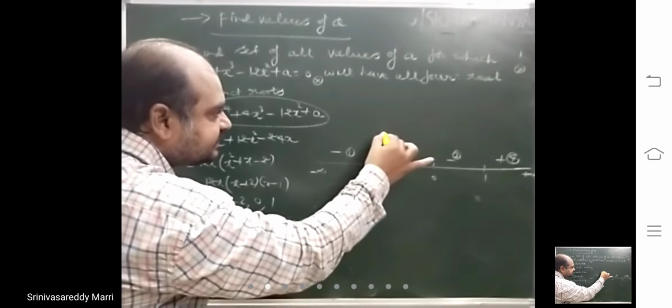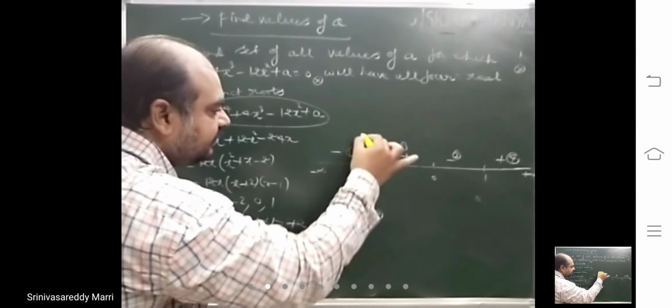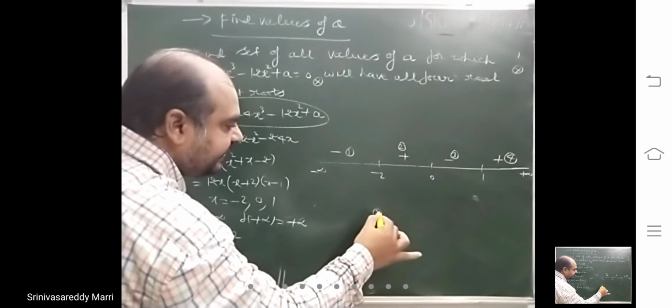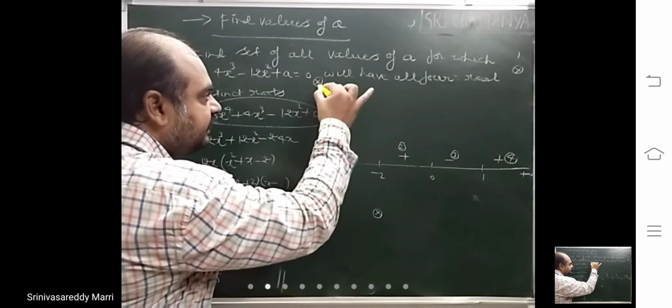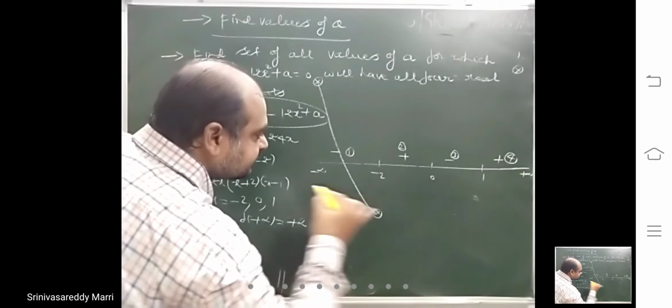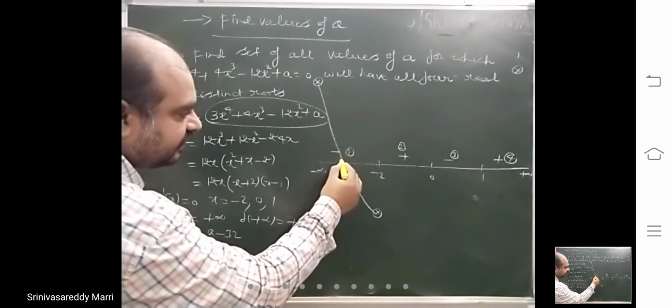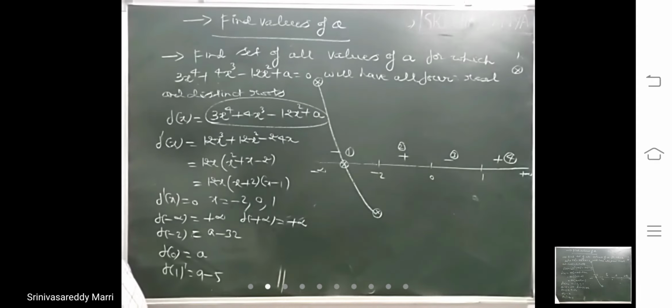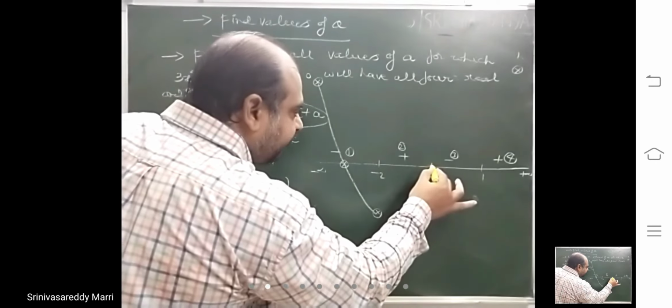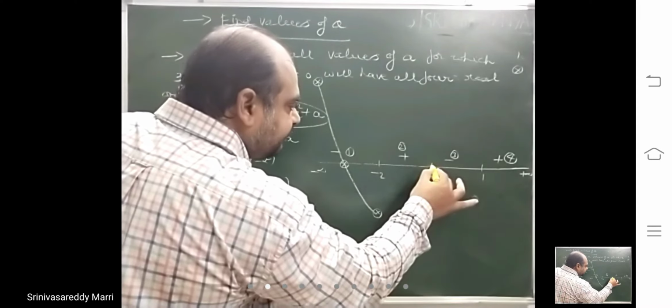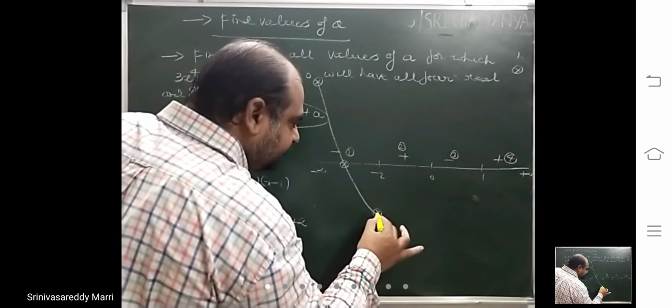If f of minus 2 is here, it won't cut. That's why f of minus 2 must be here. Then only one root will be there. So between minus 2 and 0, one root must be there.